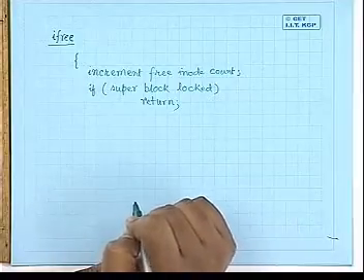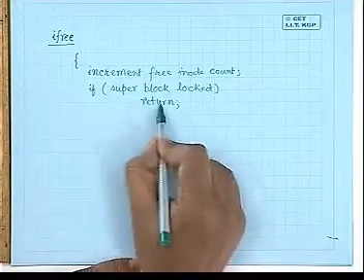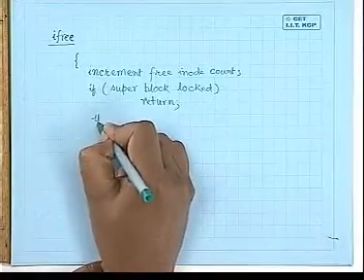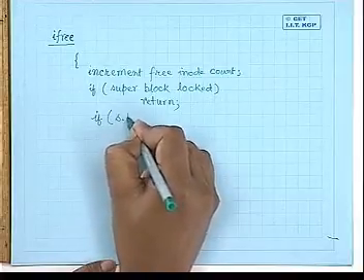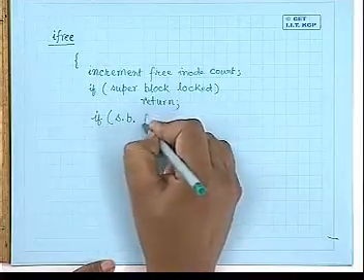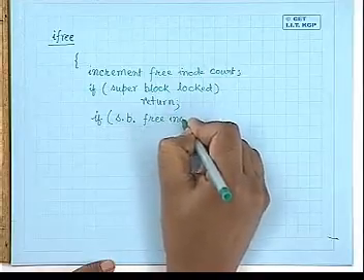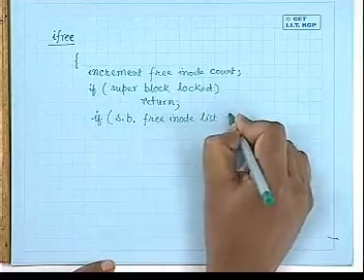In this case, the process does not go to sleep; it simply returns from this freeing process. Now if the superblock is not locked, you check if the superblock free inode list is full.